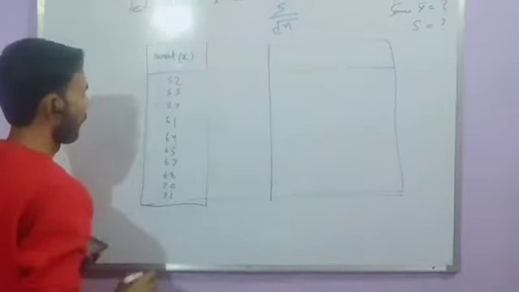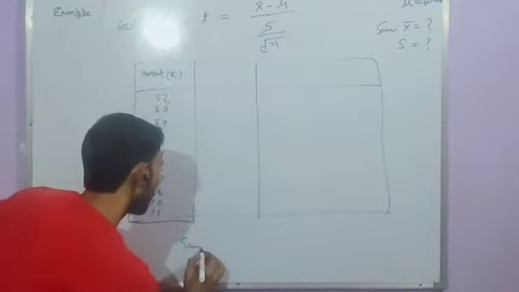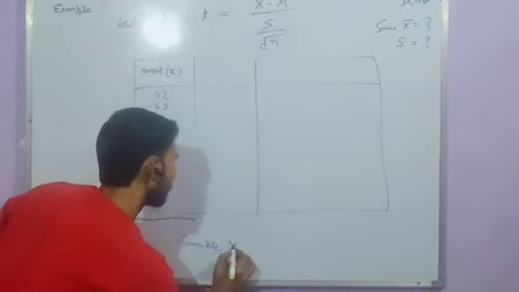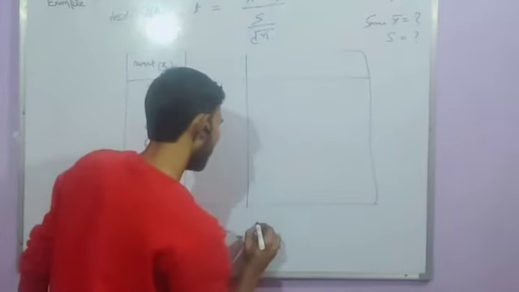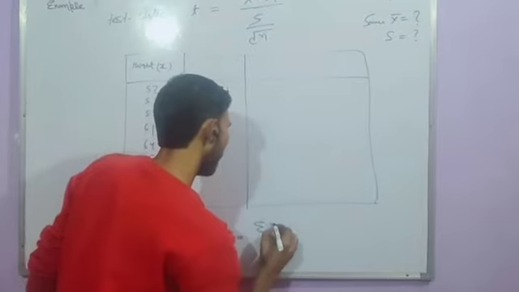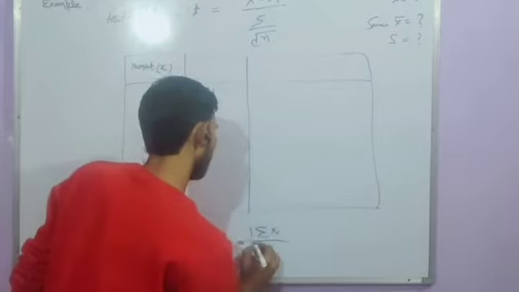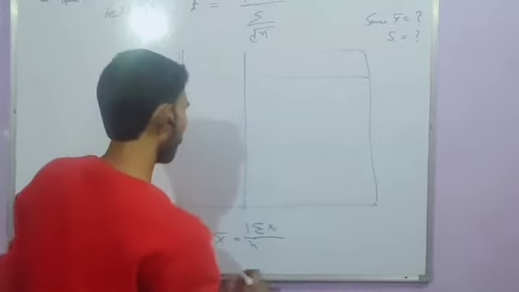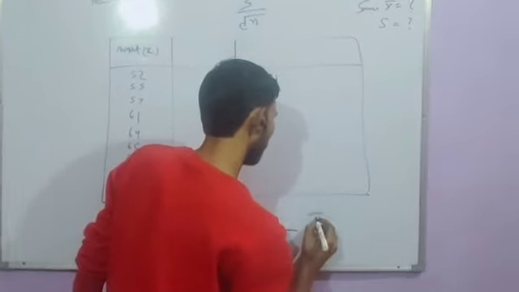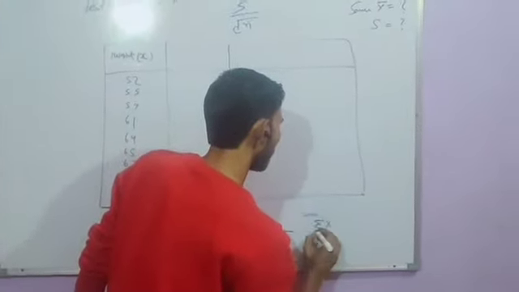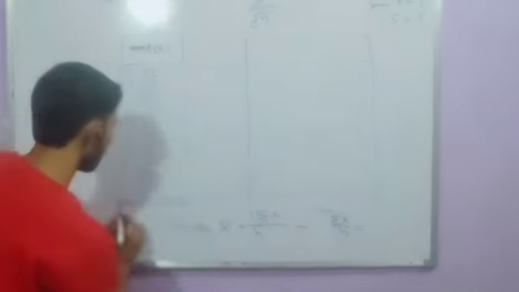Okay, now first we find the sample mean x bar. So what is the formula of sample mean x bar? Summation of xi divided by n. We also write it in this form: summation x divided by n. What is summation of x?